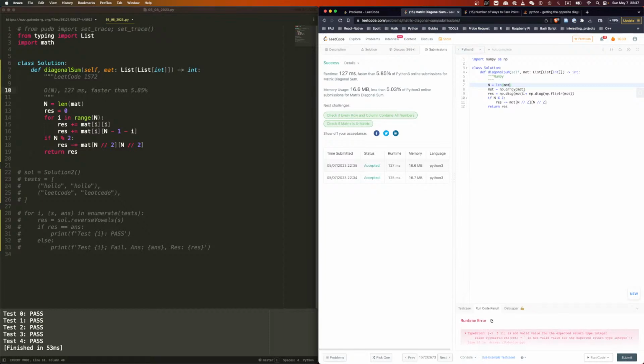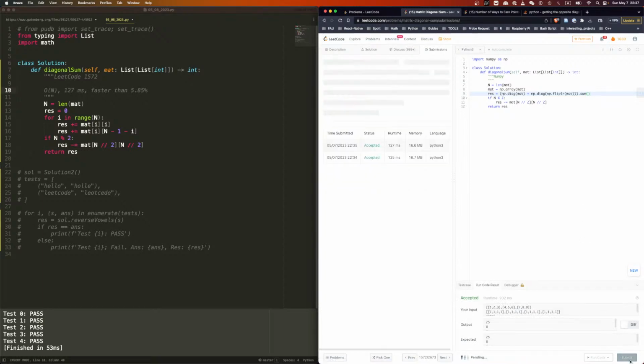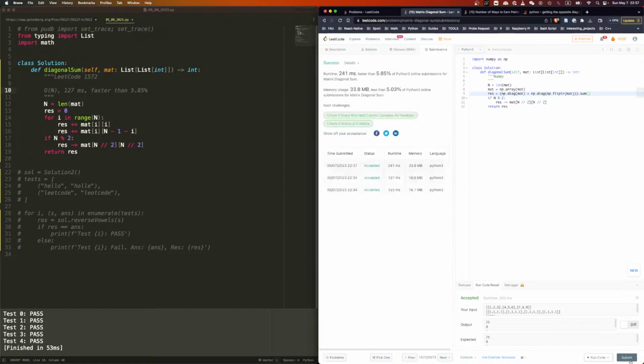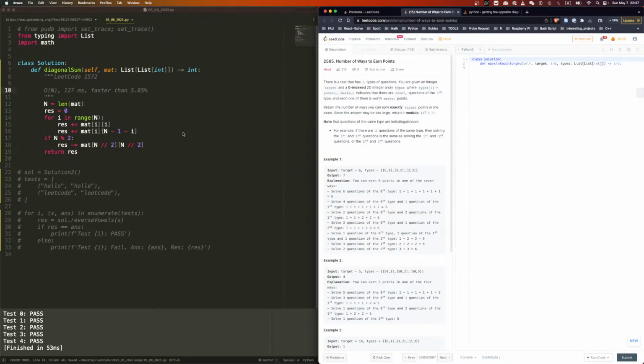Oh, Jesus, man. I forgot our sum. We can actually add them and then do one sum. Is this okay? Oh, but NumPy you have to load, so the loading might be slow. It's slow. Doesn't matter. Okay, so we're done with this.